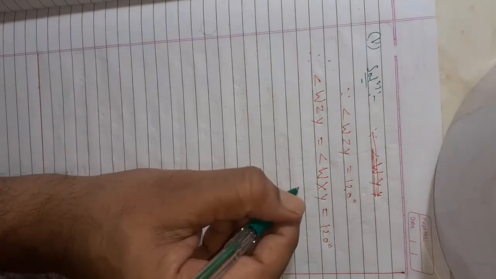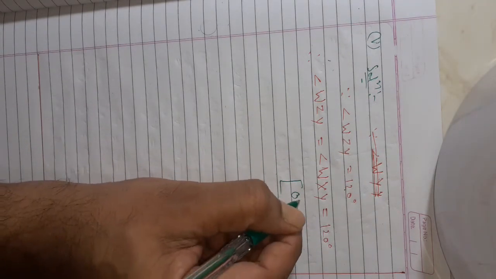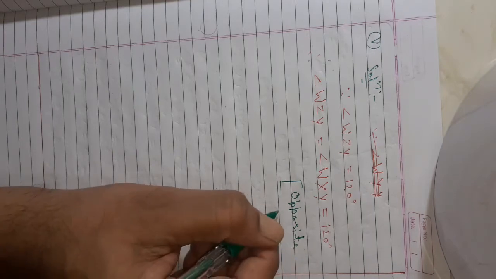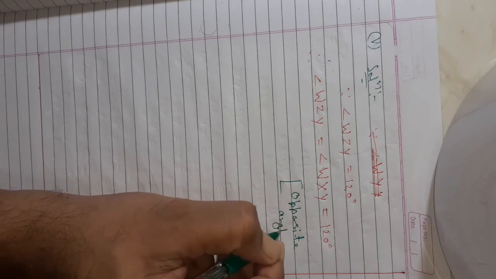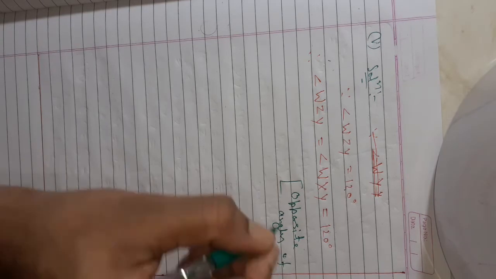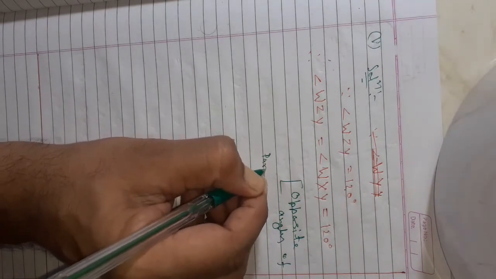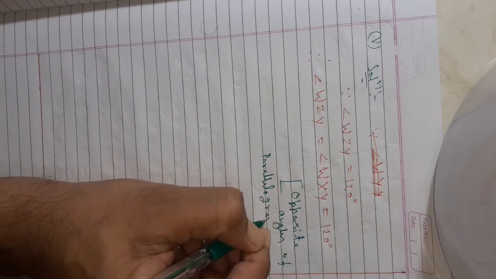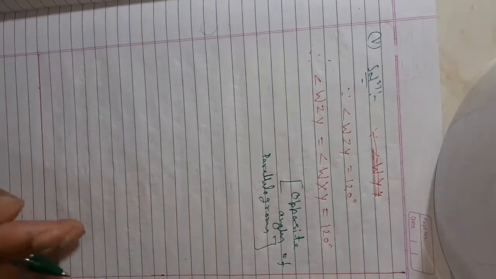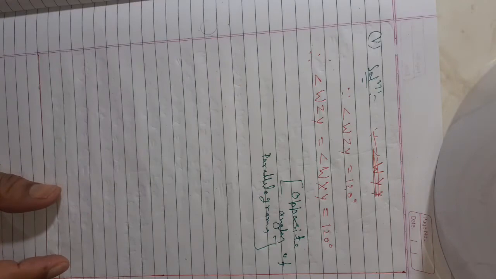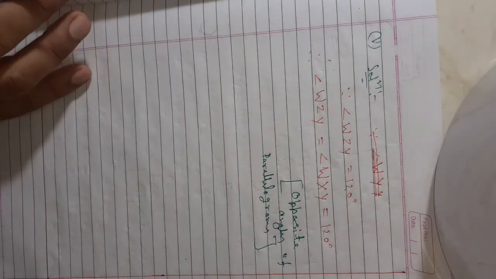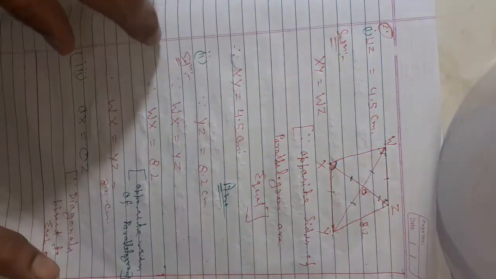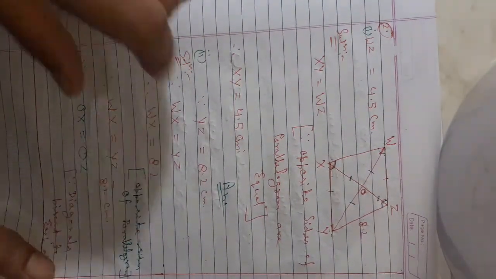Because opposite angles of parallelograms. Clear? So this is what? 120 degree. Clear? So this angle is equal to this angle, 120 degree. Now you come to, so this angle has come.